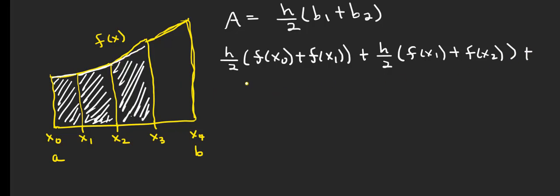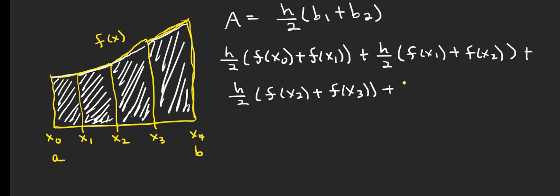That's going to be h over 2 times the quantity f of x2 plus f of x3. Here base 1 becomes f of x2, base 2 is f of x3. Now, what is the area of the fourth trapezoid? That's going to be h over 2 times the quantity f of x3 plus f of x4.